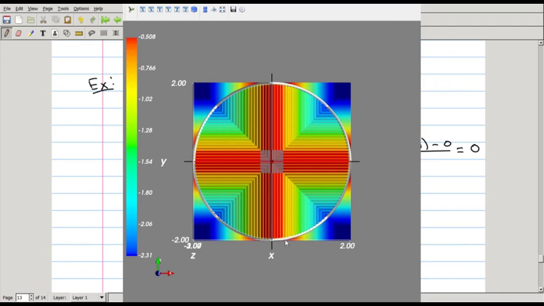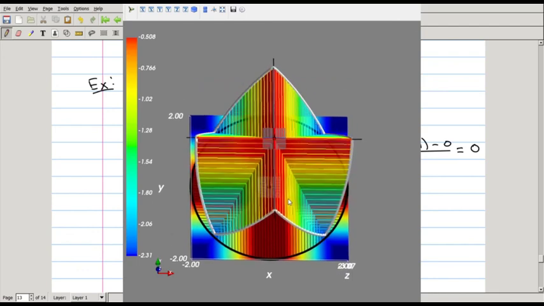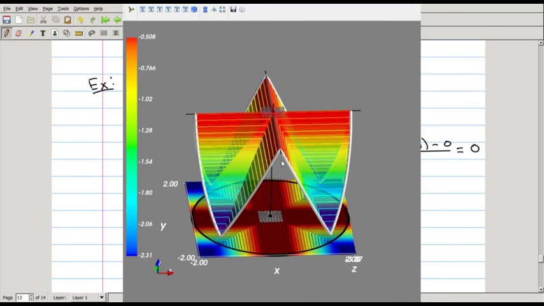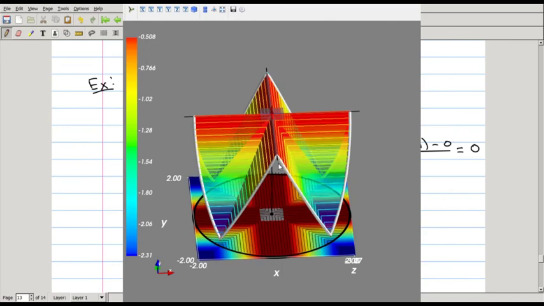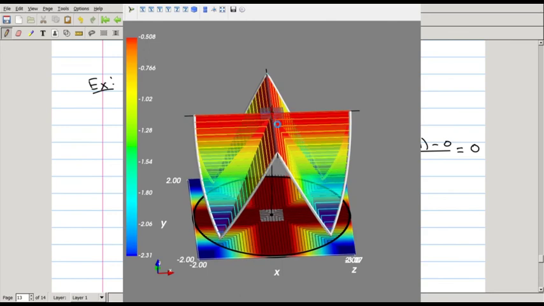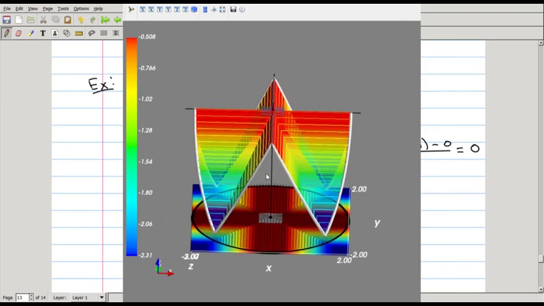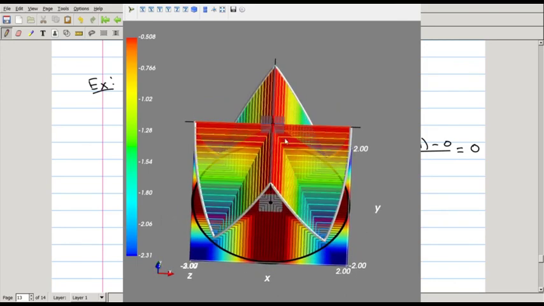But at none of these points along the cusps is the function differentiable, even though it's continuous. And you can see why right here. I plotted the tangent plane that we should get at the origin, at the point 0, 0, and you can see very clearly that the linearization at this point is not a good approximation of the function around points close to 0, 0.